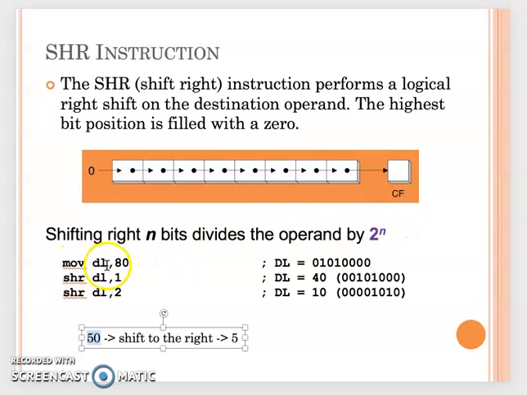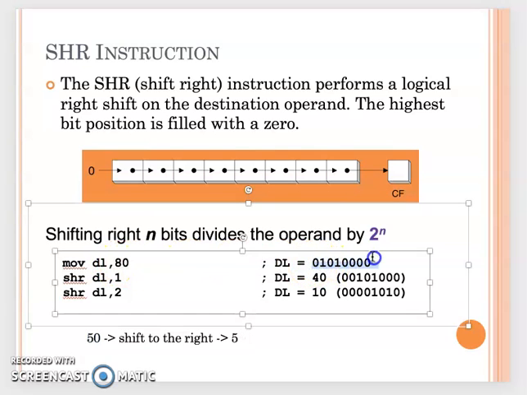For example, you can see if we have DL as 80. If we convert 80 to a binary number, that's 64 plus 16. Then you shift to the right, and it becomes 00101000. So you see here is 1, 2, 4, 8.